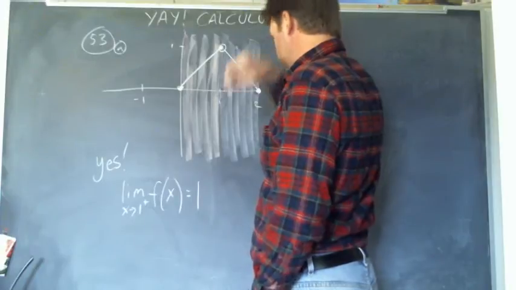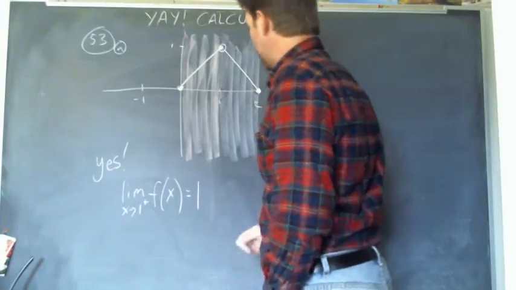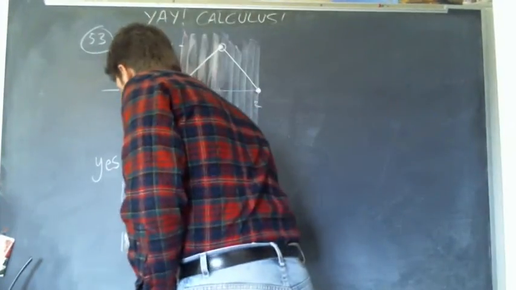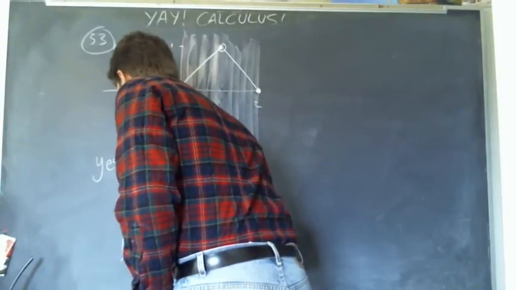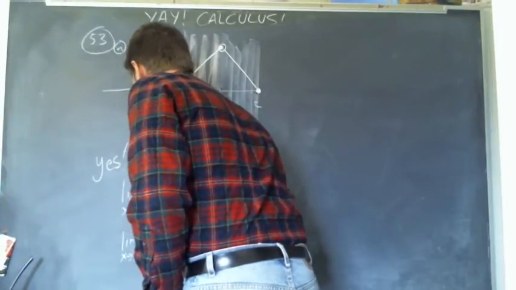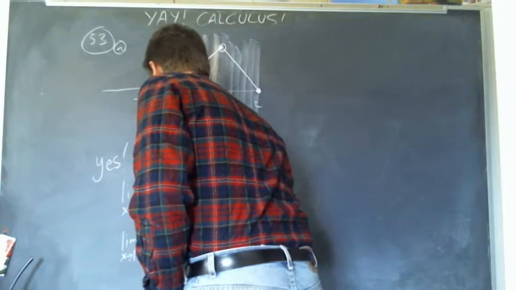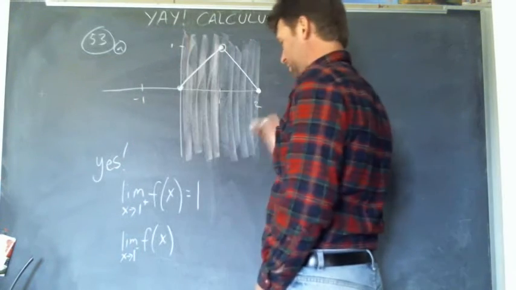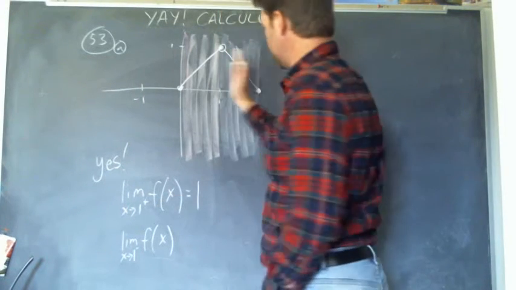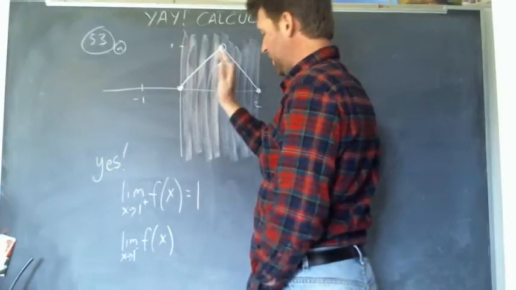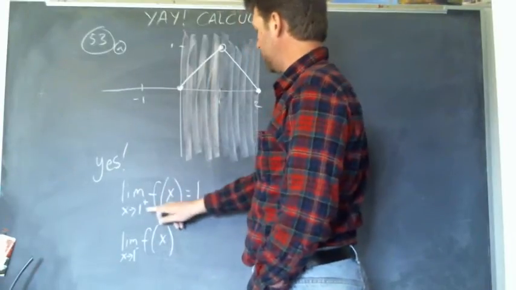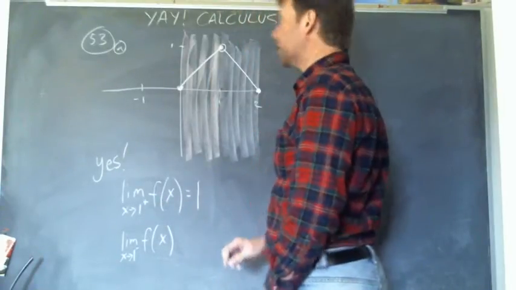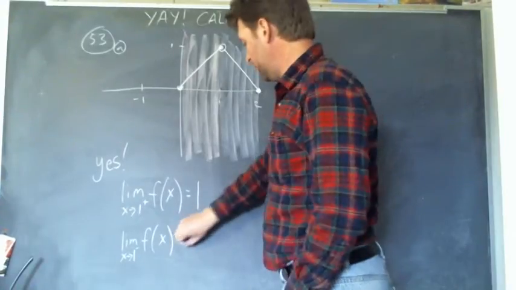In fact, it equals 1 when we get there. And the limit as x approaches 1 from the negative side of f of x, I'm sorry, this one was from the positive side. This one's from the negative side. My fault. So this is pink, this is blue. I don't know if you can see the pink and blue. But they both equal 1.